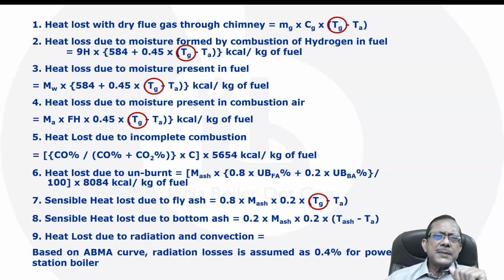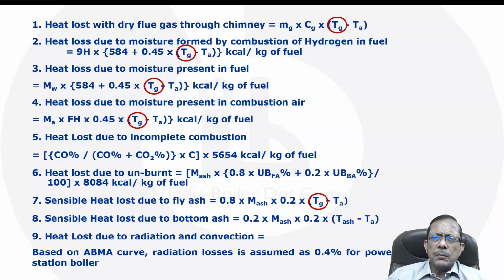Now, in my experience, in most of the systems where I have gone to do some assessment or troubleshooting, I have seen that the APH outlet gas temperatures are usually on the higher side, right? Not much priority is given to that particular parameter.